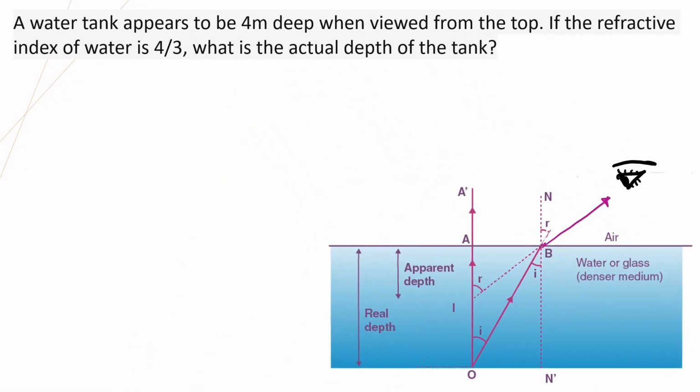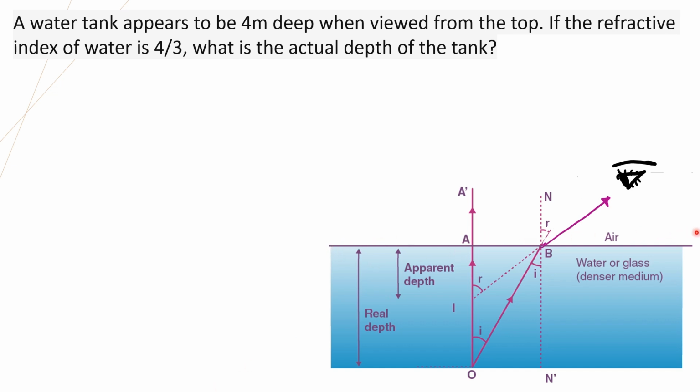Next question. The water tank appears to be 4 meters deep when viewed from the top. If the refractive index of water is 4/3, then what is the actual depth of the tank? So please look at the figure here. In the figure, this is the interface, right?